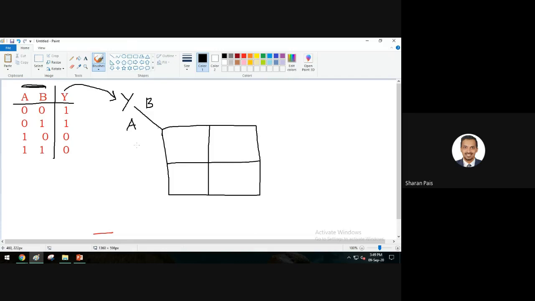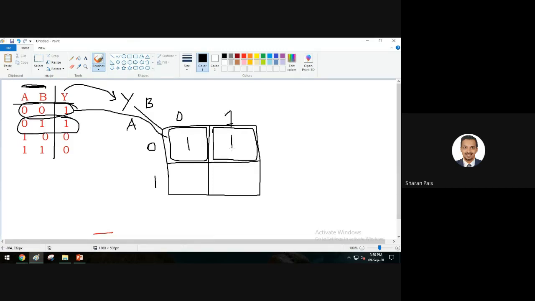That is, possible value for a is 0. One more possible value for a is 1. Here 0, and this is 1. Fine. So first location, take this one. 0, 0. That is this block. 0, 0. What is output? 1. Second one. 0, 1. A value 0, B value 1.